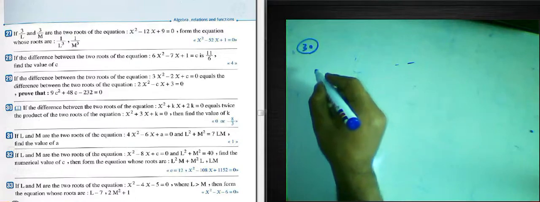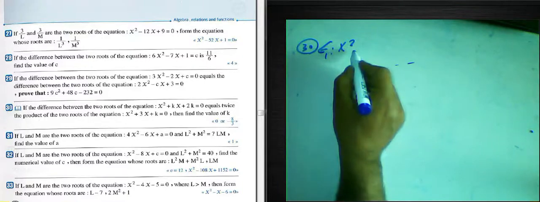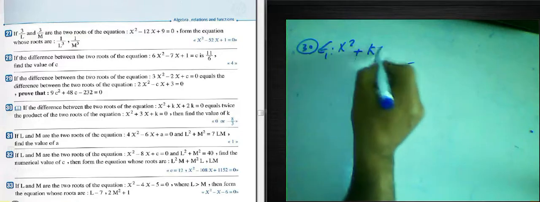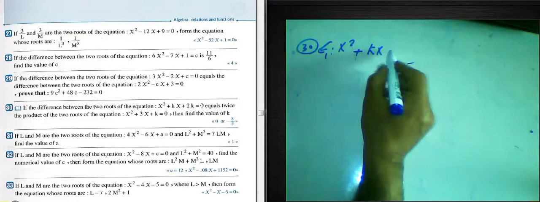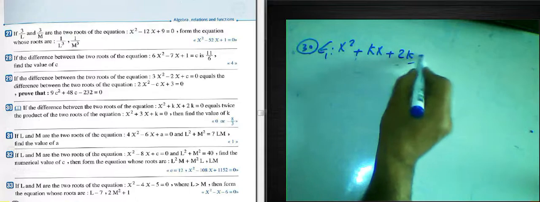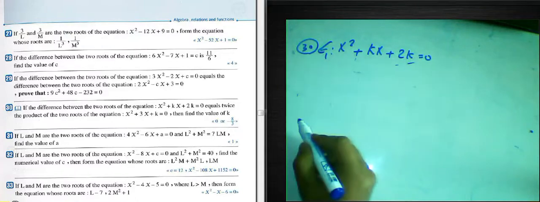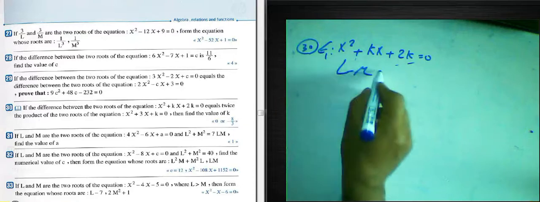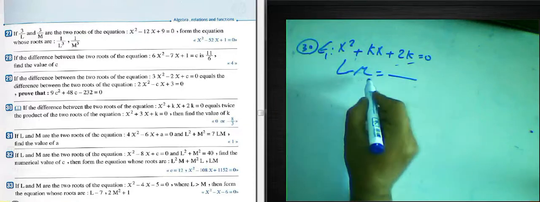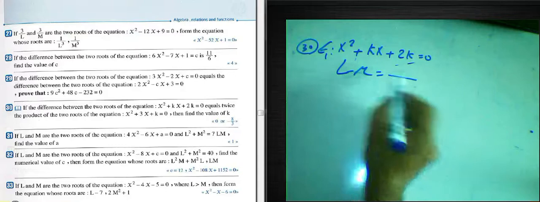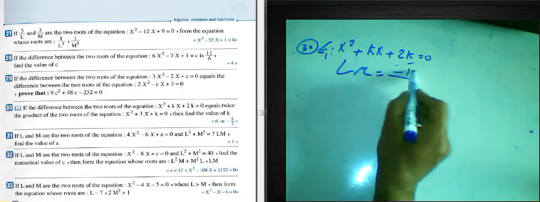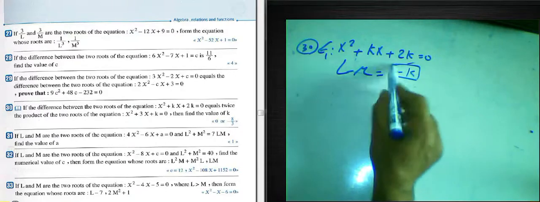If the difference between two roots of the equation x power 2 plus kx plus 2k equals 0, the difference L minus M equal k, negative k.